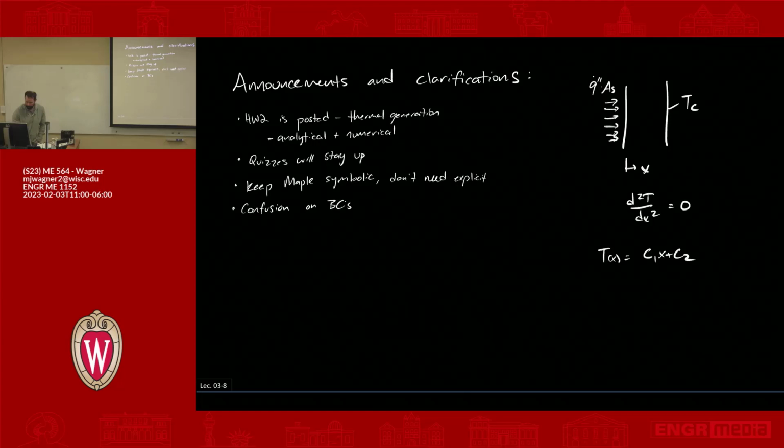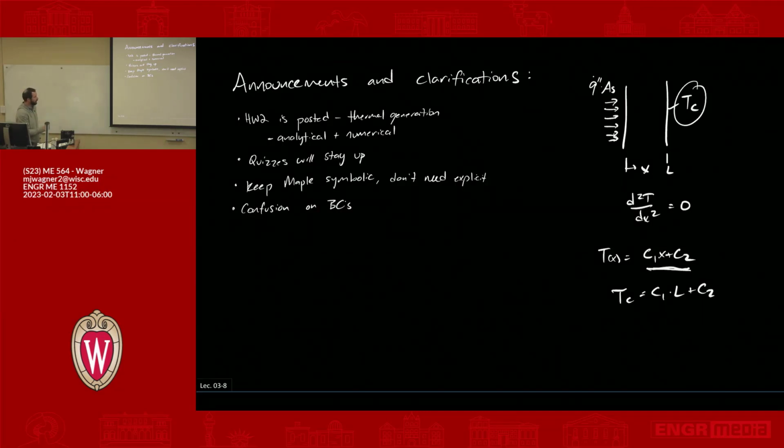For example, if I look at the Tc side, how do I enforce that? I'm saying this temperature general solution has to be equal to Tc at this x position, which we'll call L. So Tc has to equal C1 times L plus C2. That's enforcing the boundary condition on the right-hand side.